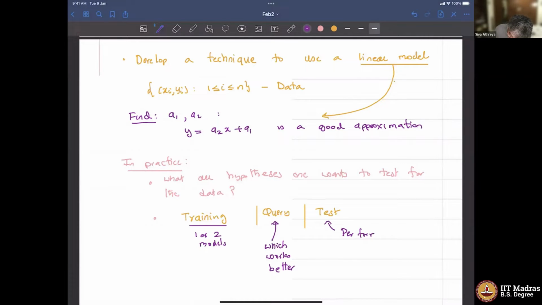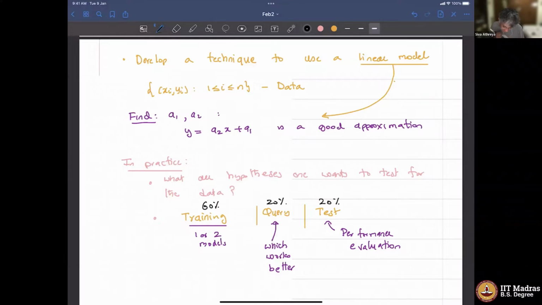So this is one naive, or accepted, approach in many machine learning and data science courses. You take a particular model, use a training data set to find the best A1, A2, and then run with it. You can split it into many parts. Typically people use 60% of the data set for training, another 20% for querying, and another 20% for testing.